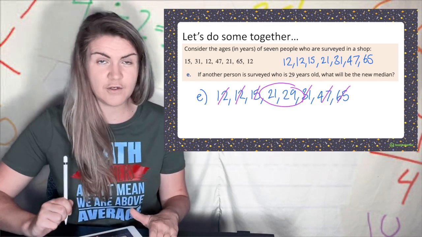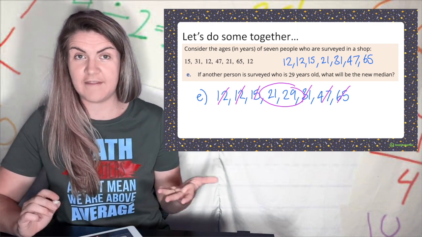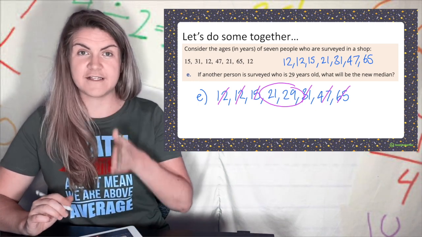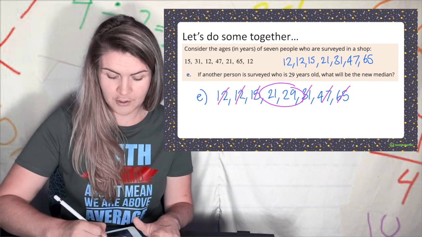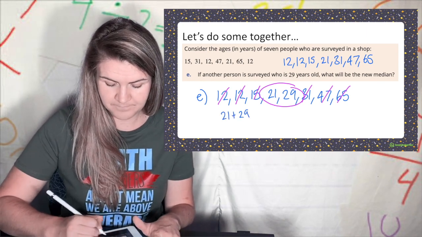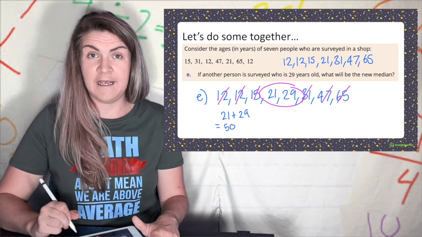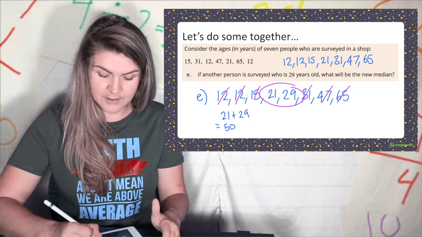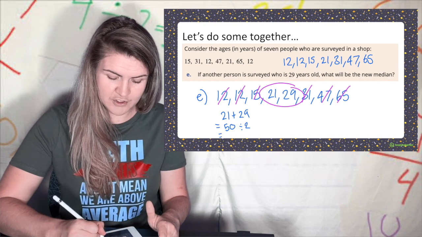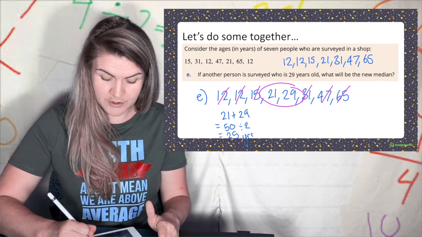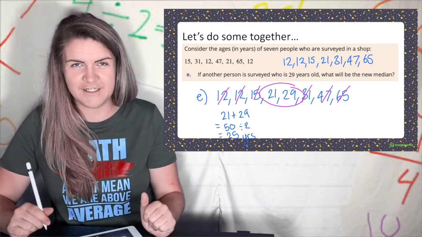And now I have two numbers in the middle, and I need to find the average of these two numbers to find the center. So I'm going to go 21 plus 29, which equals 50. And how many numbers did I add together? That's 2. So I'm going to divide by 2, which is 25. Which 25 is halfway between 21 and 29.